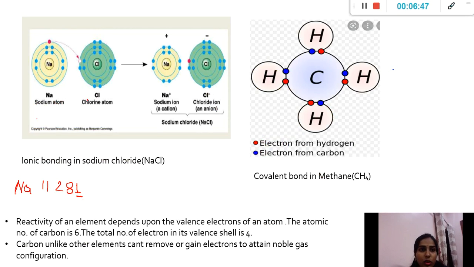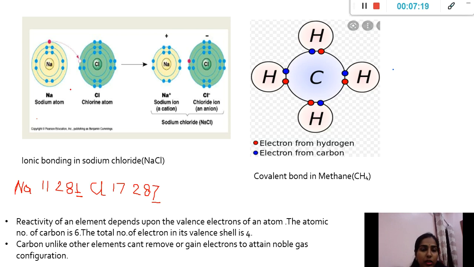So sodium has one valence electron, while the chlorine atom has atomic number 17 and its electronic configuration is 2, 8, 7, and 7 are the valence electrons of chlorine.